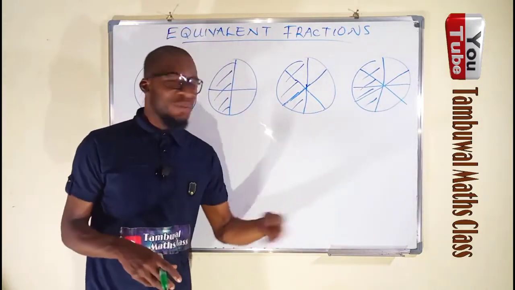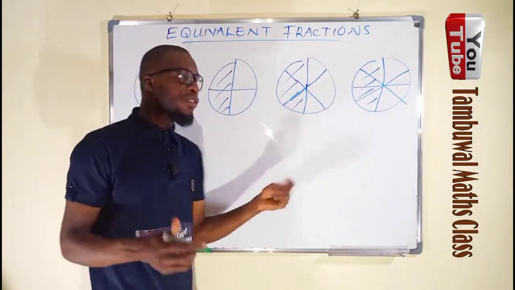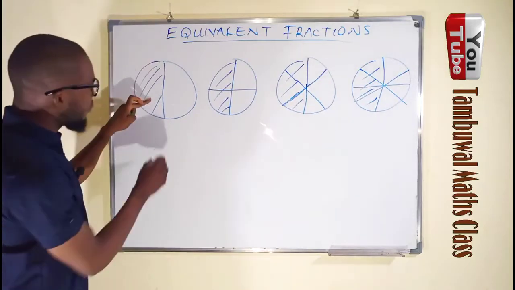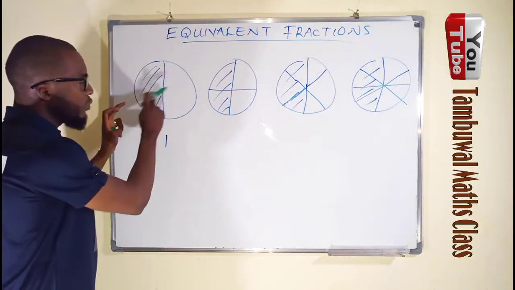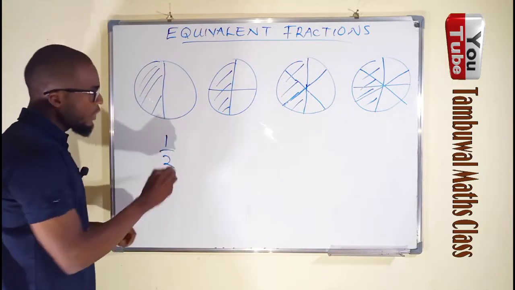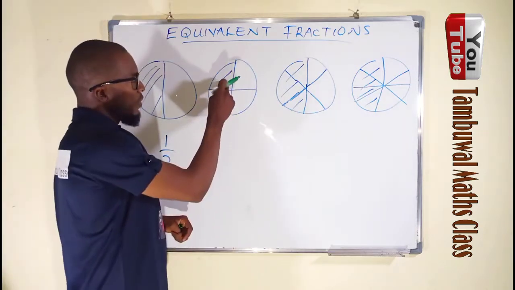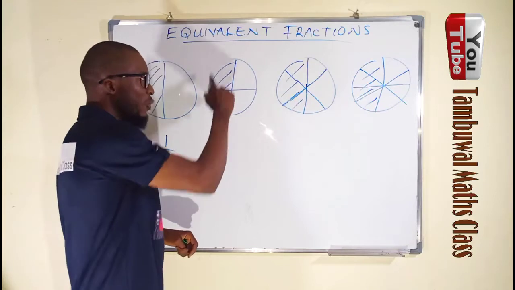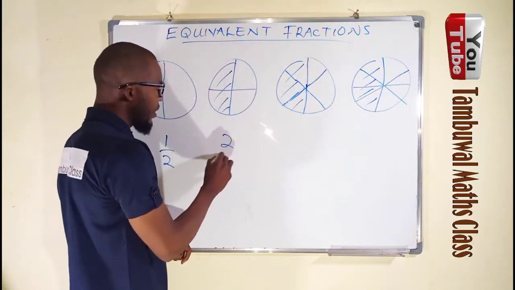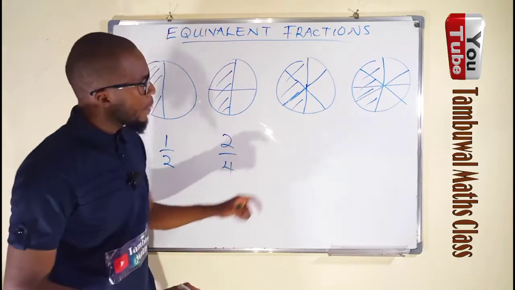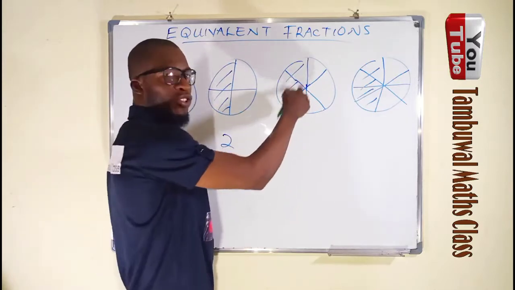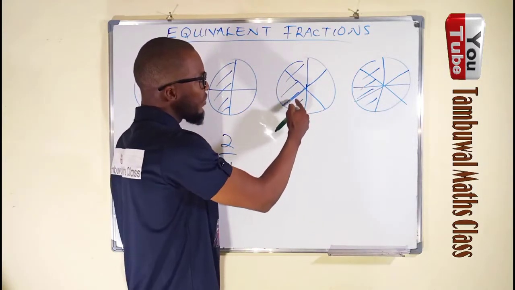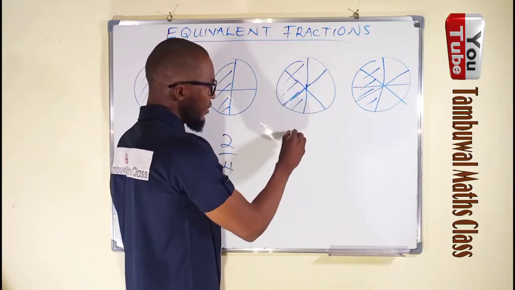Now, if we are to represent these shaded parts in fraction, you can see this one is just 1 out of 2. To get all together, there are 4, but we have shaded 2 parts out of 4. So we have 2 out of 4 here. Here we have partitioned the circle into 6 and we have shaded 3 out of the 6.